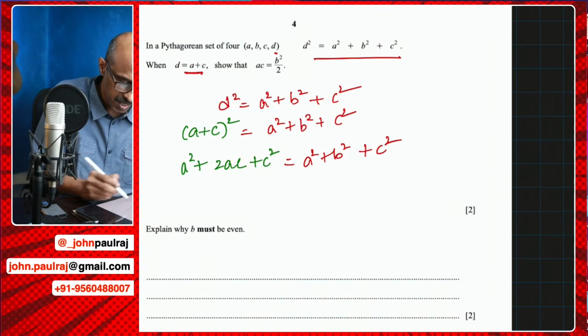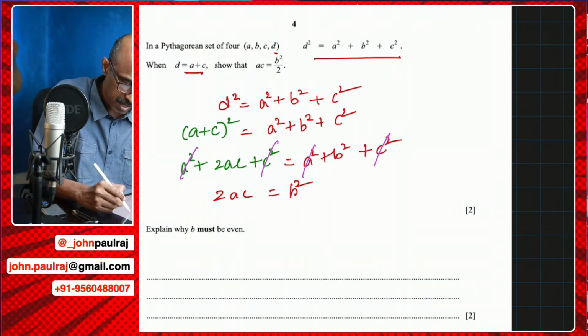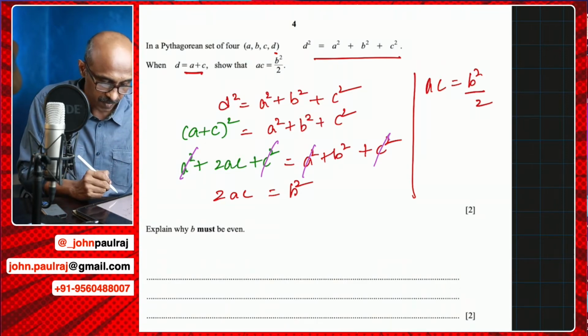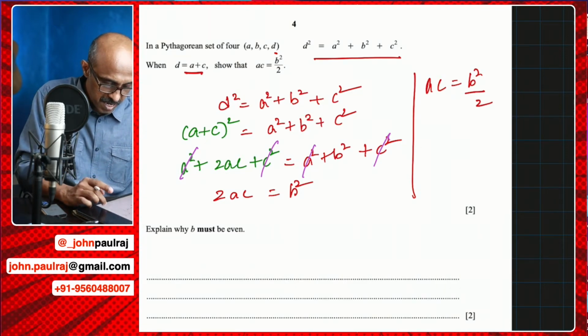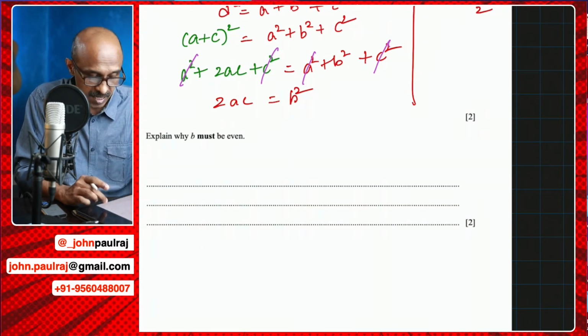And clearly you can see that the a square and the c square will just cancel off, which gives us just 2ac is equal to b square. And that should reduce to ac is equal to b square over 2, which is what we were supposed to show. Clear?